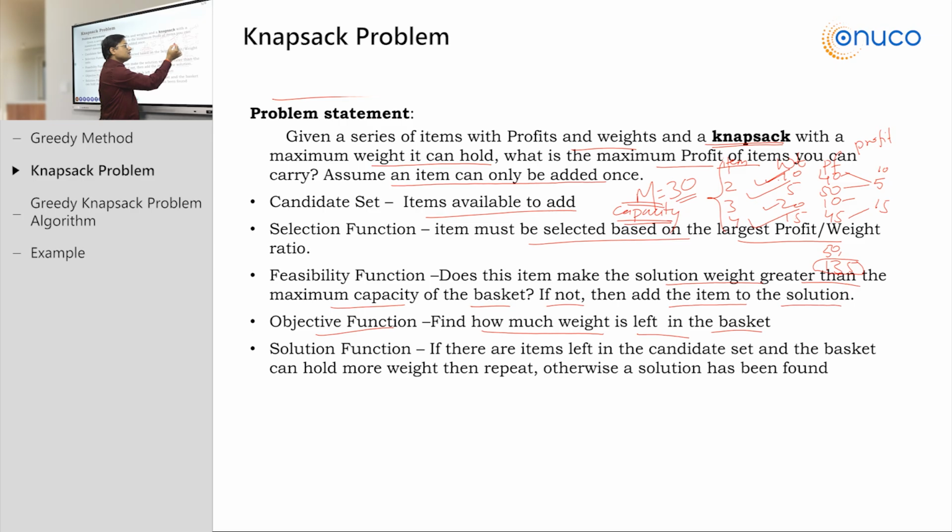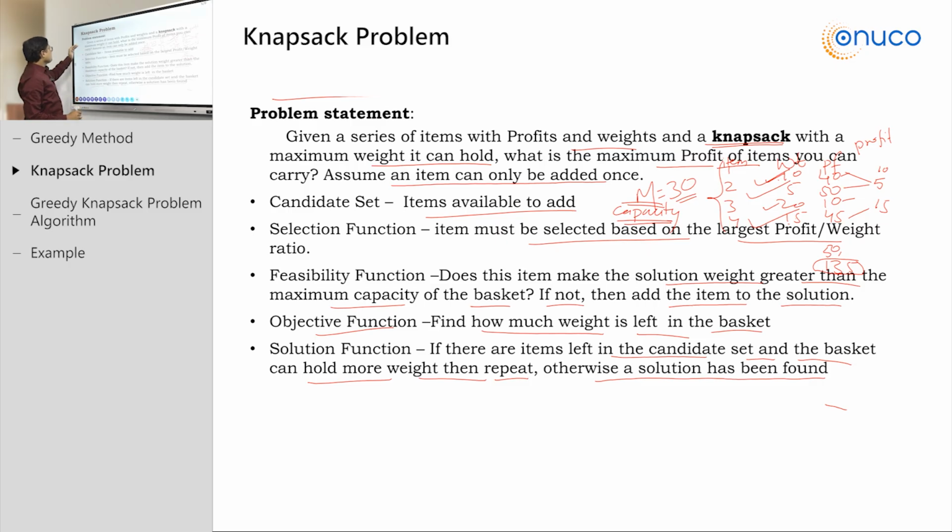So we are selecting the more profitable elements. How are you going to select more profitable elements? Why will you go for 15 kg and not this 20 kg? That I will discuss with an example. But we are going to select the items in such a way that we can have maximum elements in the given knapsack or bag, such that it maximizes our profit. Solution function: if there are items left in the candidate set and the basket can hold more weight, then repeat; otherwise the solution has been found.